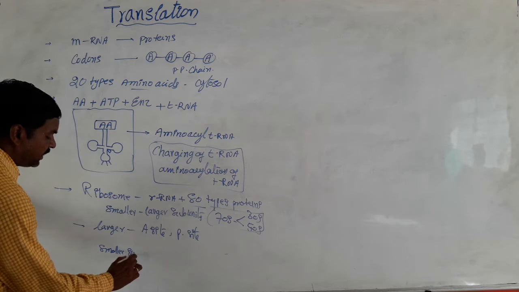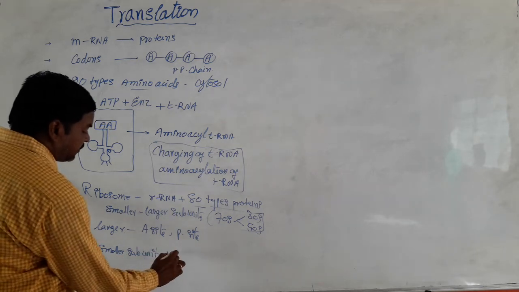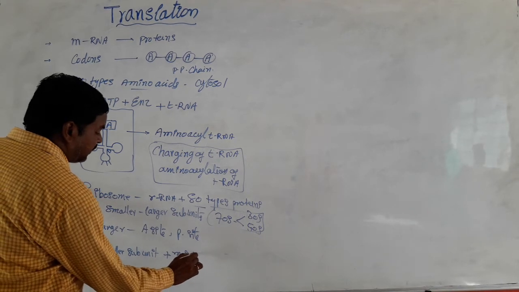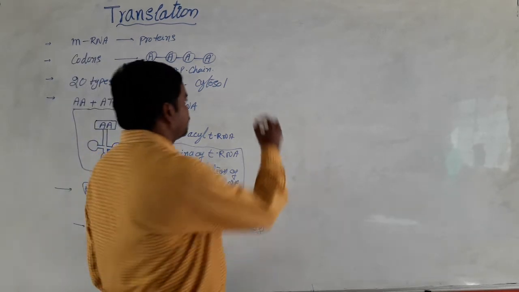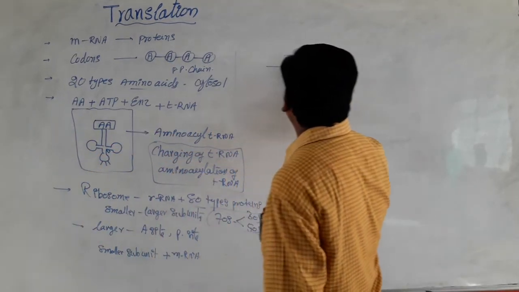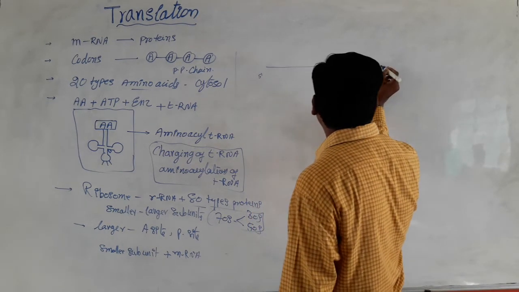Okay, the smaller subunit first attaches with mRNA, like this. For example, this is mRNA, with the 5' region and 3' region, and the UTR regions.